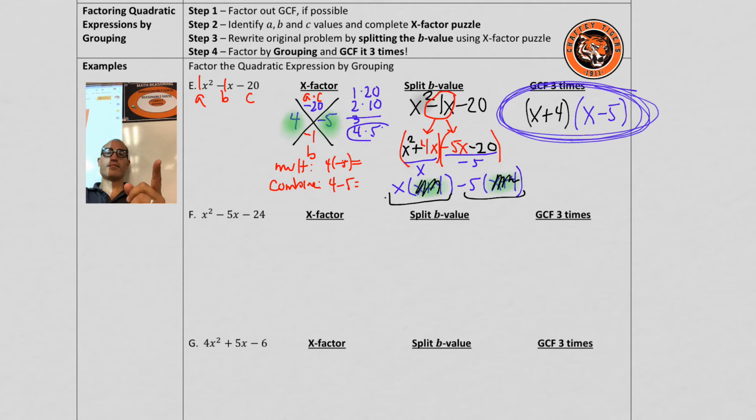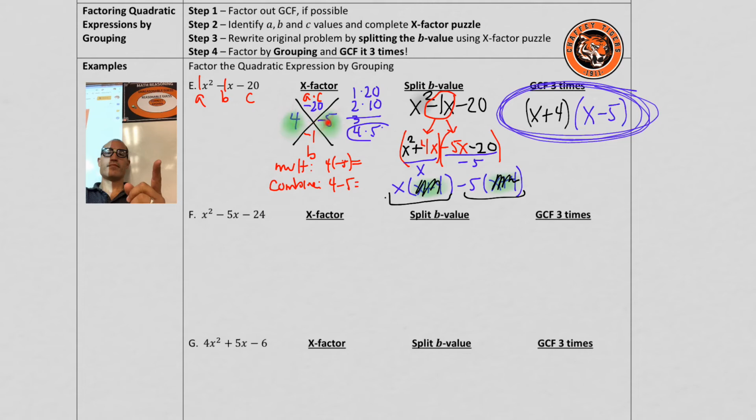So our goal today is to do all these things to one question. Please don't look at it in its entirety. Look at it as steps. We did each step individually before. Now let's put it all together into one longer problem. So again, step 1 for us, identify A, B, and C, and make the x factor puzzle. We did that yesterday a little bit by itself. The only point of this whole process is to find these 2 numbers.